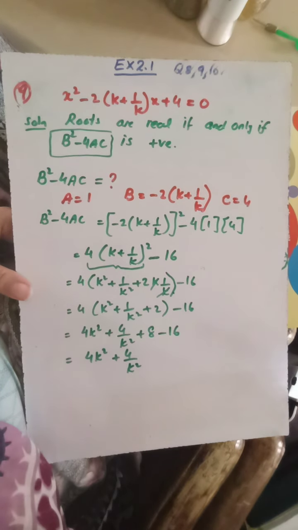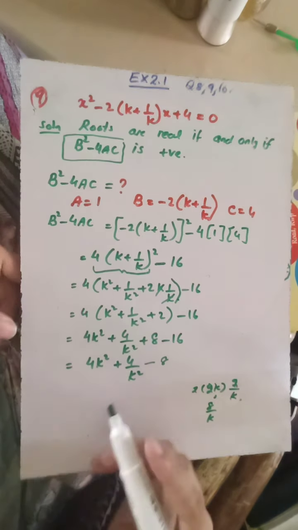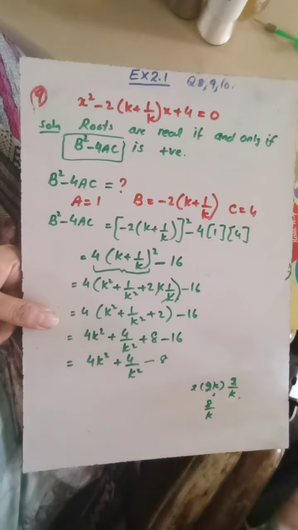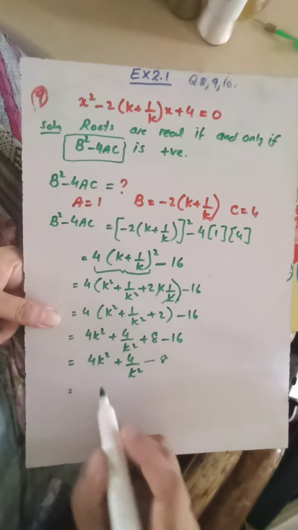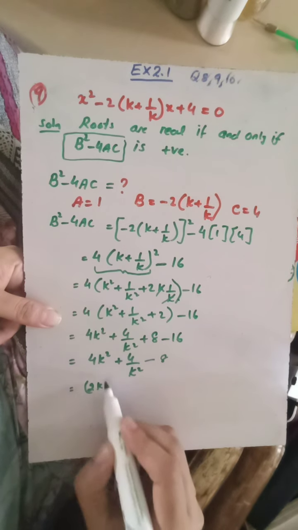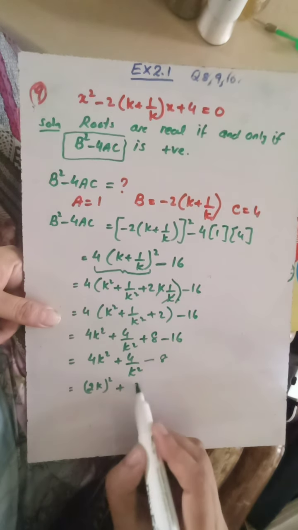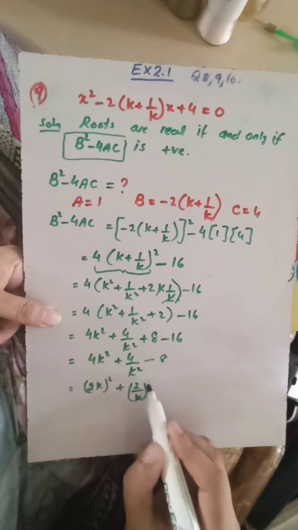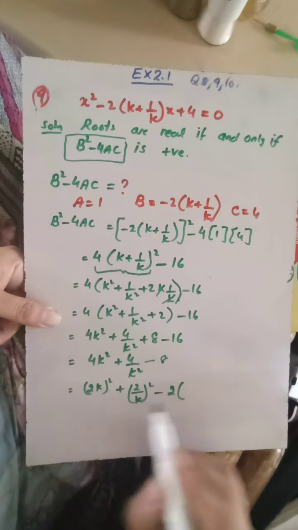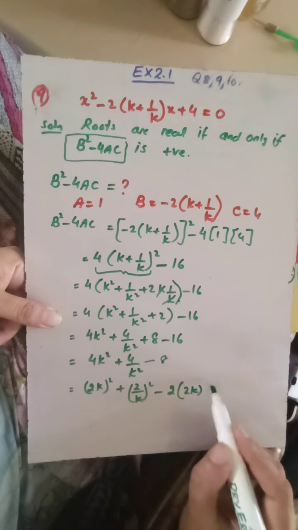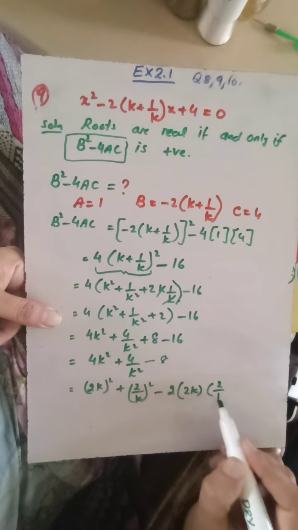This will be equal to, now this can be written as 2k whole square. This can be written as 2 by k whole square, and negative 8 can be written as 2 times a into b.